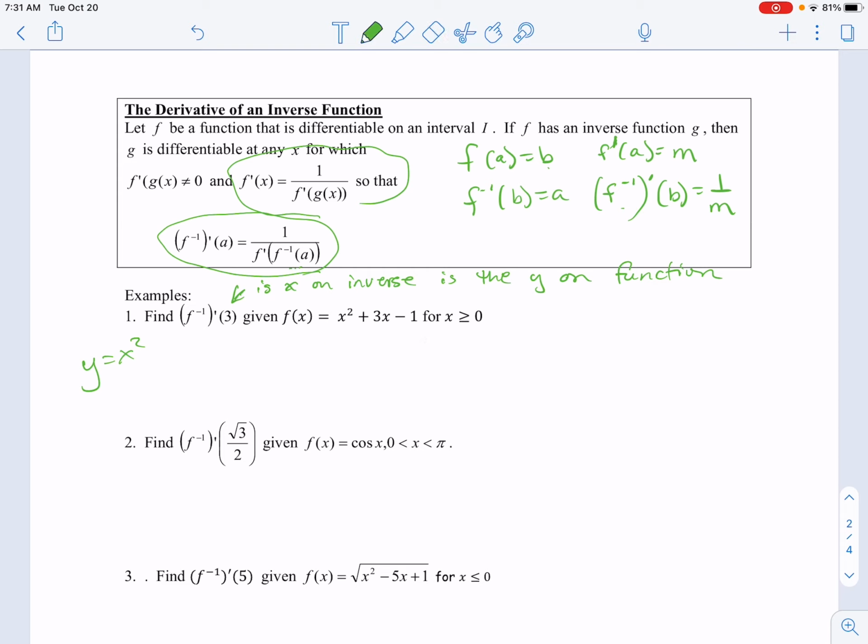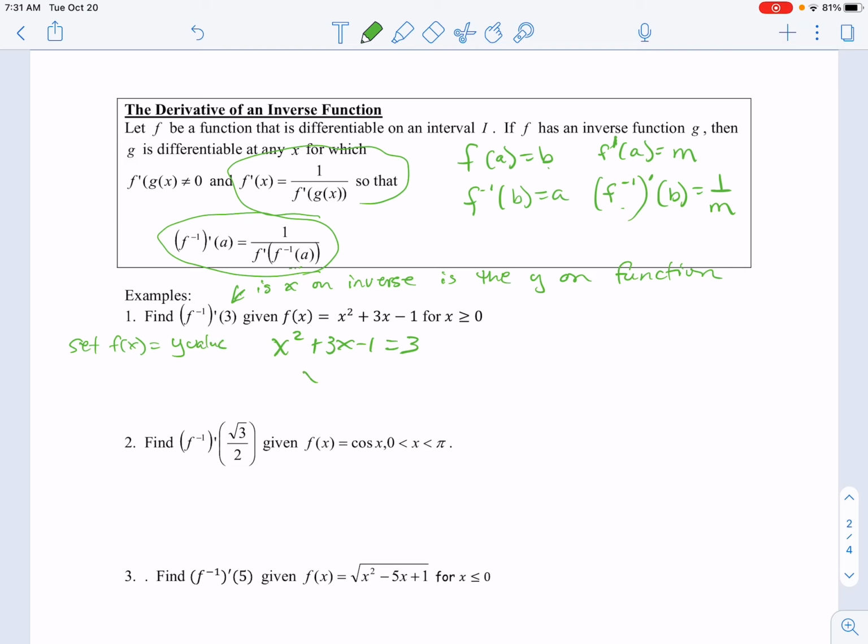All right. So 3 is the x on the inverse; it's the y on the function. So I end up with x squared plus 3x minus 1 and set it equal to 3. Step 1: set f of x equal to the y value.